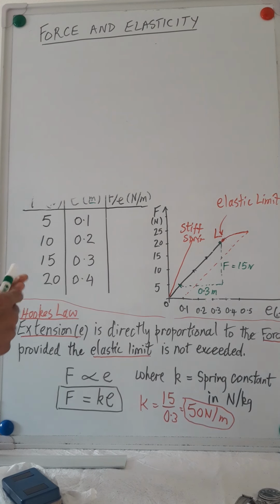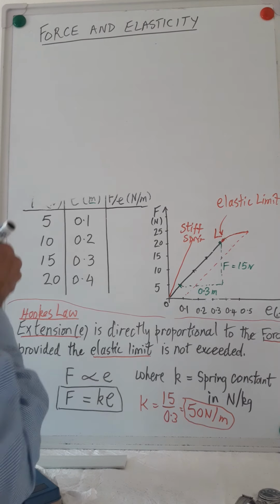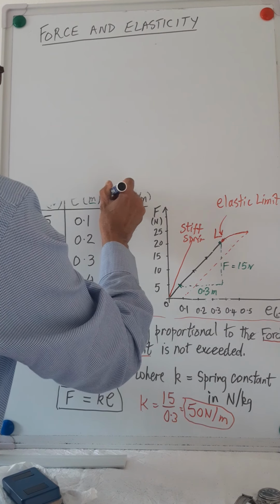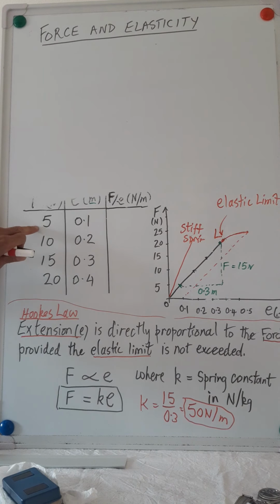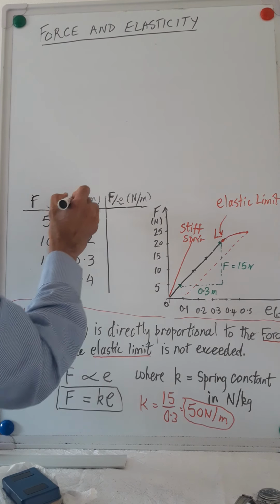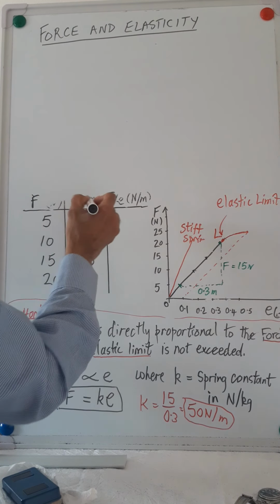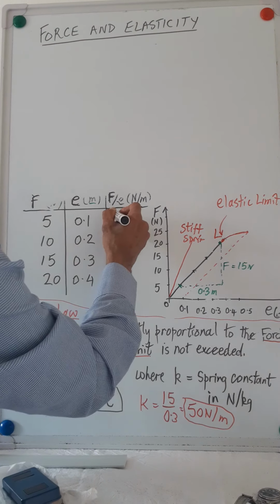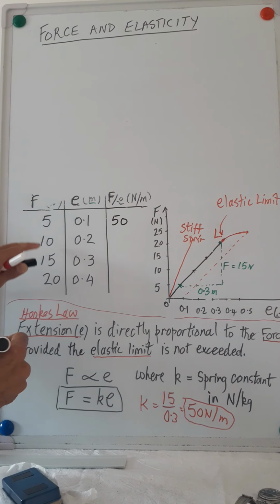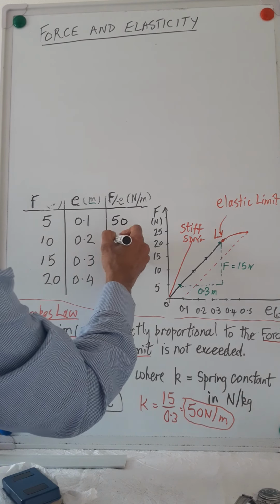Now, here, just to complete this, you'll find that force divided by the extension, this is force, this is the extension. If you divide 5 by 0.1, that gives you 50. 10 divided by 0.2 is also 50.